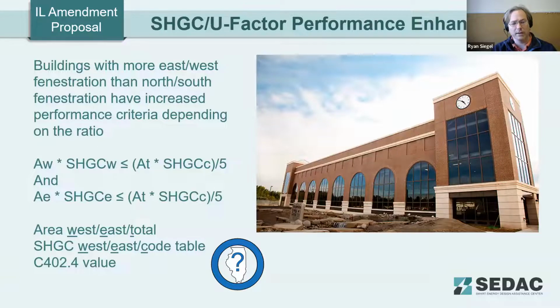So this is something that's in ASHRAE 90.1 that has been a proposed Illinois amendment that we are anticipating being accepted. And what this is, if you have substantial fenestration that is east or west facing, then the required solar heat gain coefficients do have to be increased proportionally.